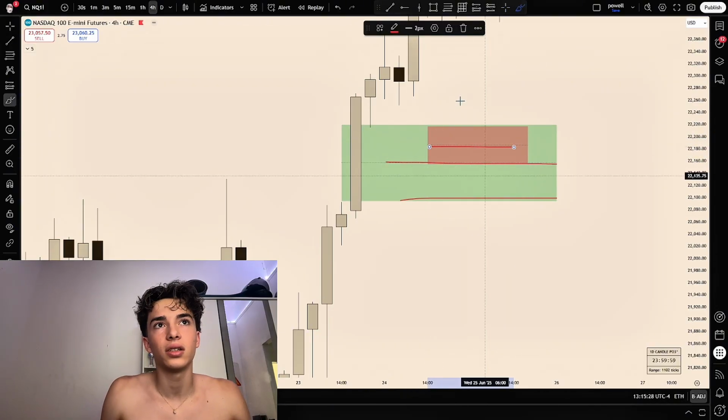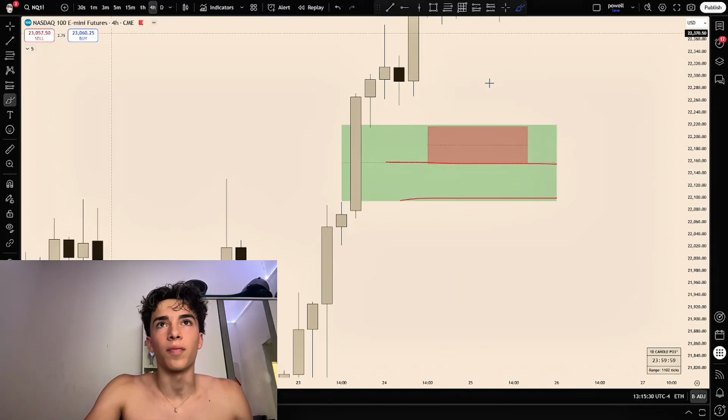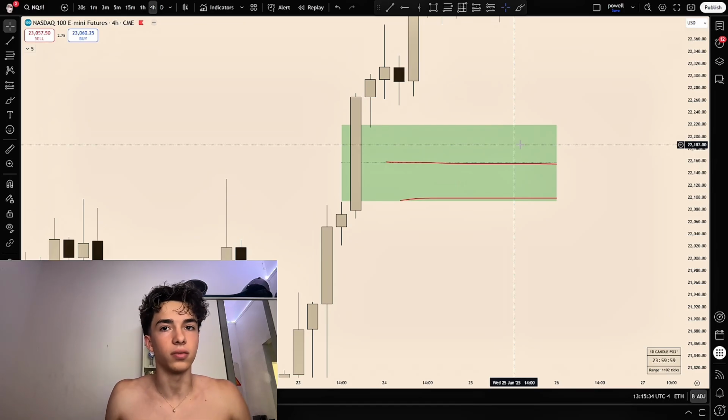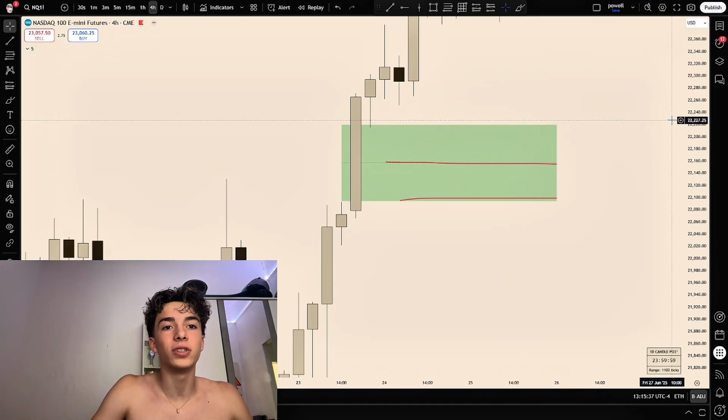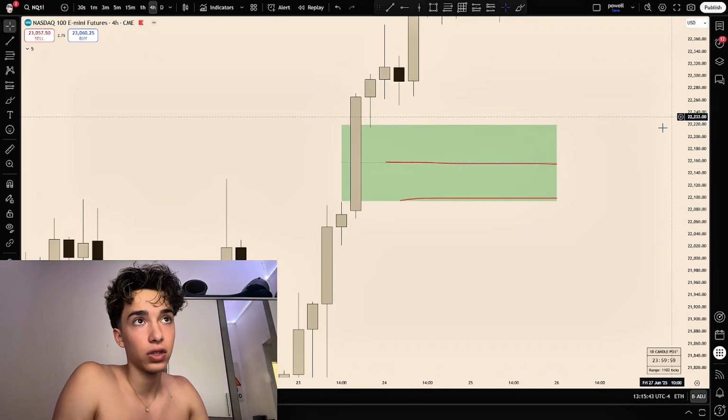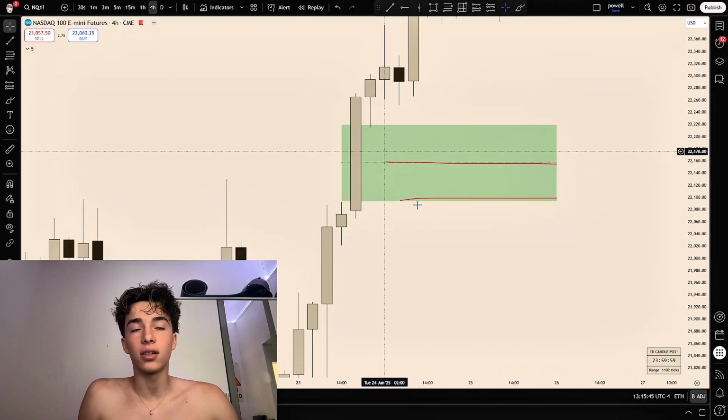Because we need precision entries, and that's only for our strategy of trading. We need very precise, sniper entries, and these are the most sensitive areas of the fair value gap.